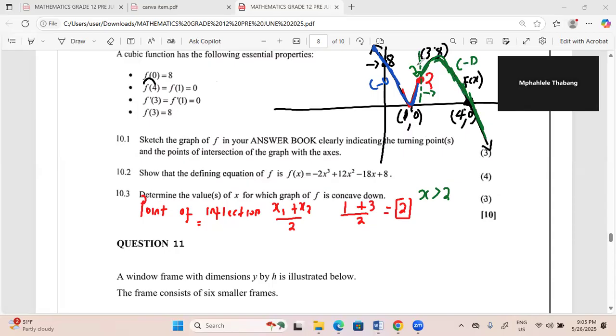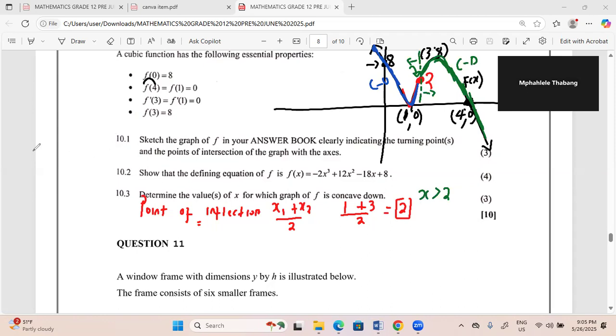But on the left side of 2, the graph is concave up. So when x is greater than 2, this f of x is concave down. So finding the point of inflection is very, very important. How did I find the point of inflection? I took the two x turning points, I divided by 2.